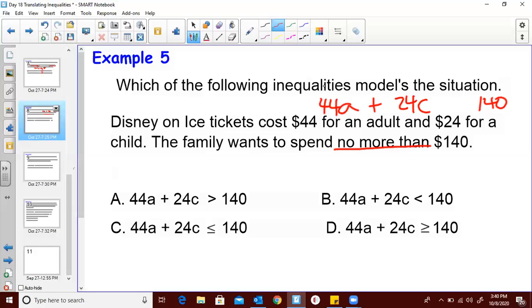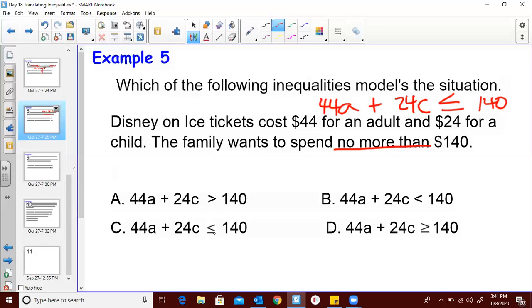But the big question is, can they spend all of their money? Can they spend $140? Of course they can. That's why it says no more than $140. So here we will have a less than or equal to, because they can spend up to $140. So whatever their total is for tickets can be $140 or less.